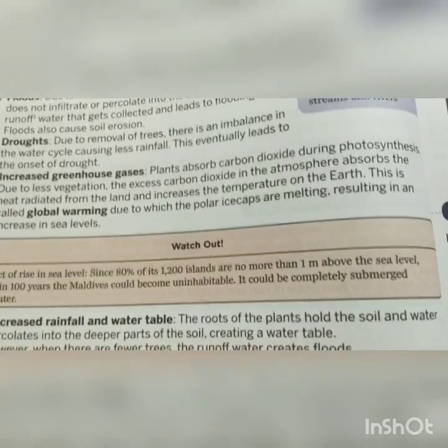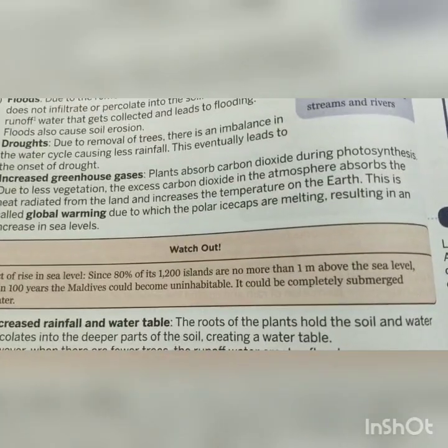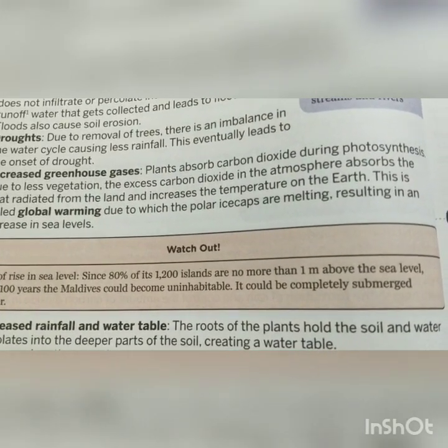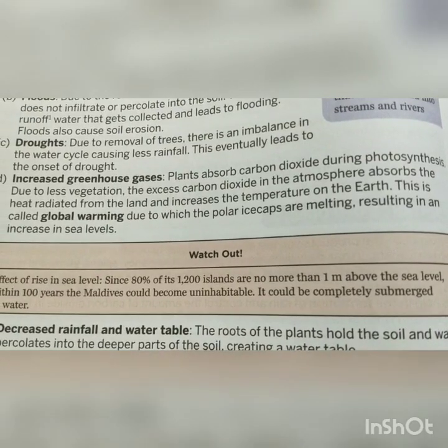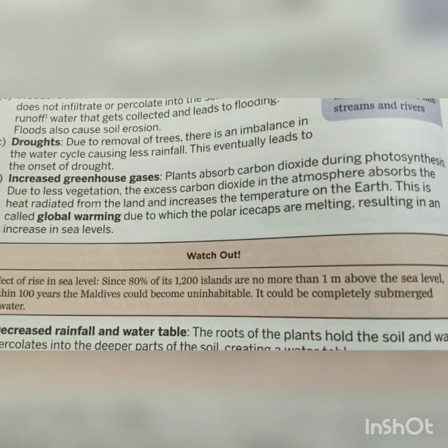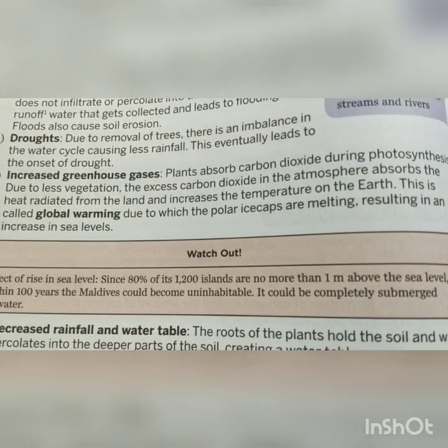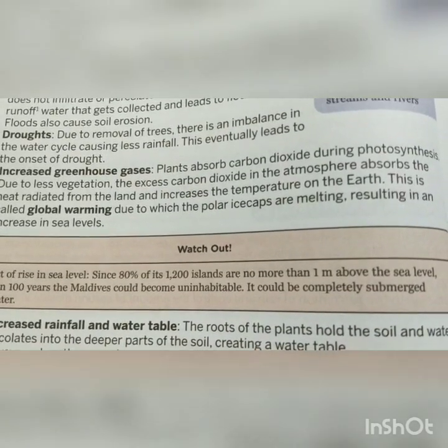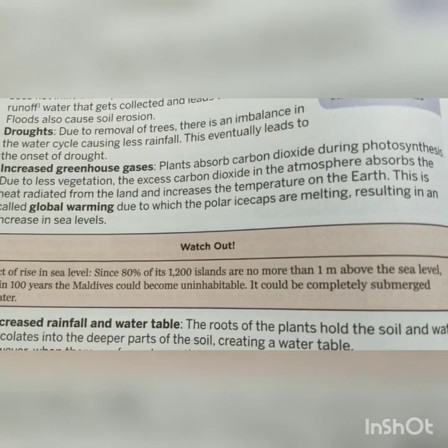So, due to deforestation the carbon dioxide will increase, and due to that global warming will be caused, because carbon dioxide traps the sun's heat more, and when the amount of carbon dioxide increases in the atmosphere, it traps more heat from the sun, and due to that global warming is caused.